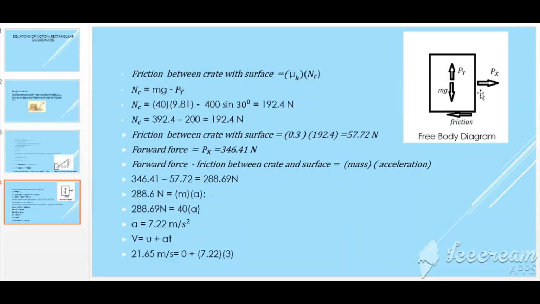These are the actual forces acting on this crate: the weight of the crate, mg, acting downward, Py acting upward, and the friction. And the normal force of this crate is the weight minus Py, because Py is not in the same direction as the weight.